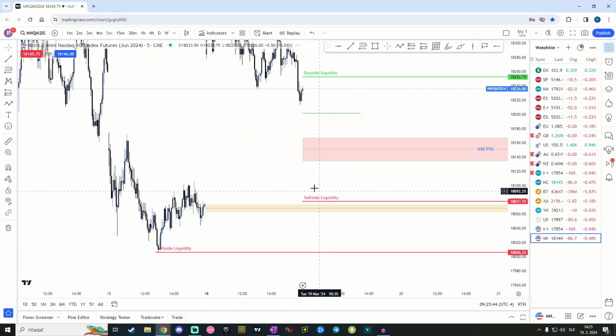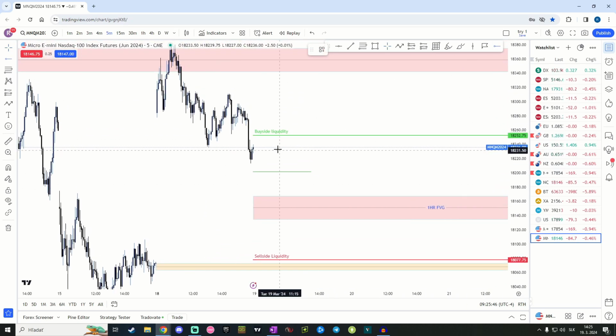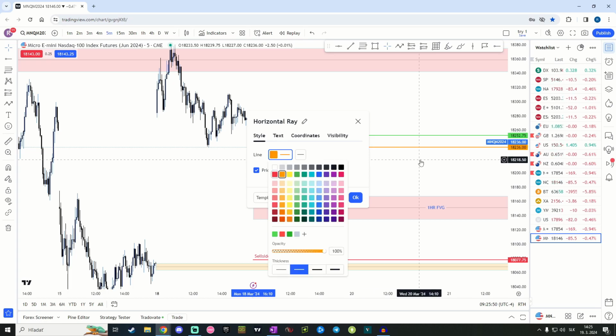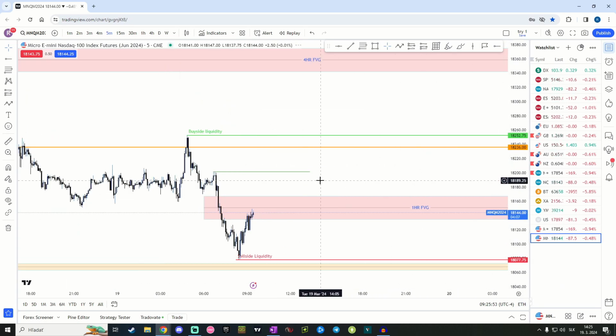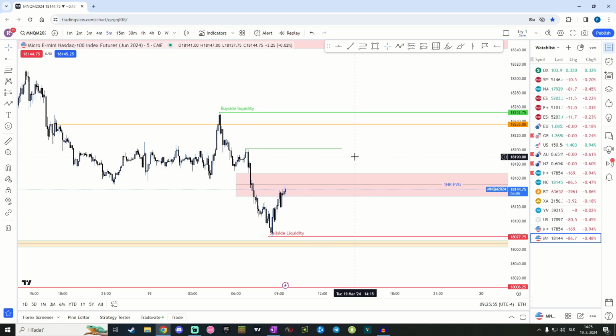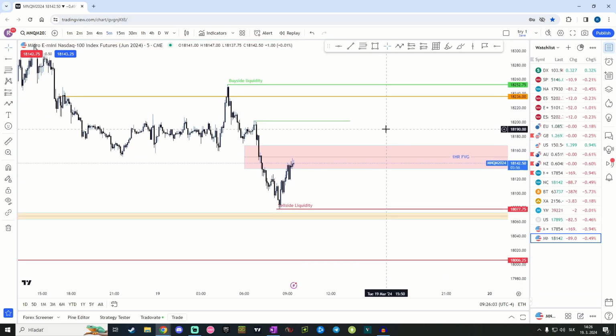I think that would be nice to see the market going down. And that's basically what I think will happen today. So let's just watch for the remaining 4 minutes how the market will behave, and we will build our bias and narrative from there.